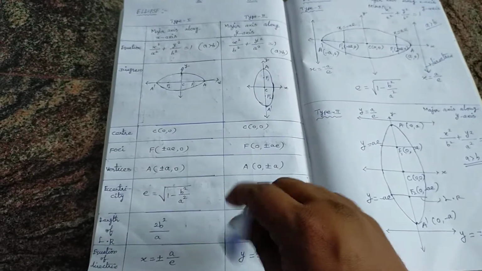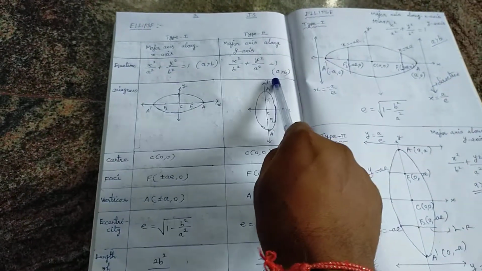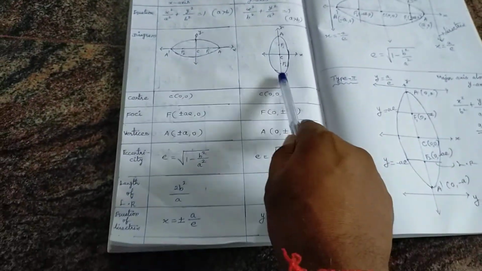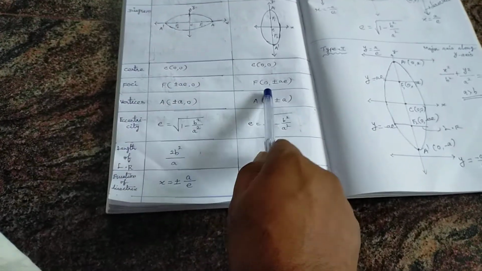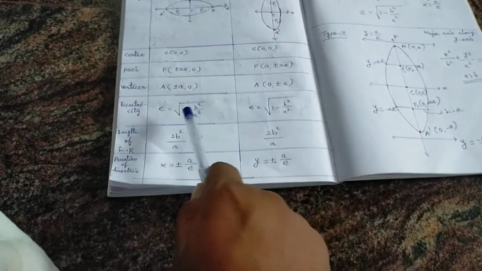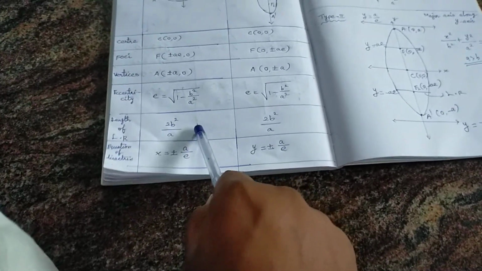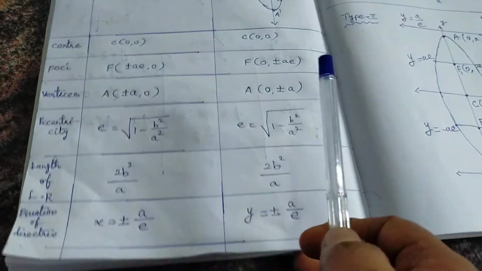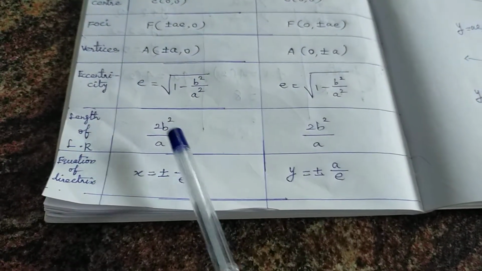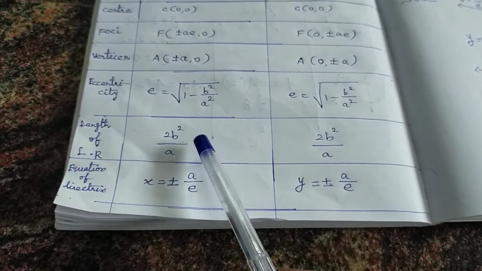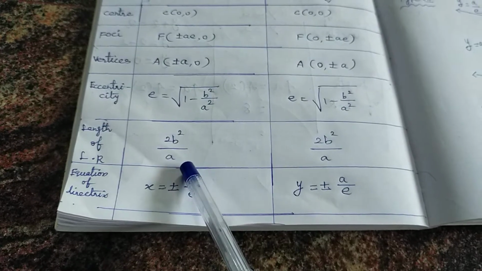Can you understand children? I write type 1, type 2, equation, diagram, center, foci, vertices, eccentricity formula, length of latus rectum. In parabola, the length of latus rectum is 4a, isn't it children? In ellipse, the length of latus rectum is 2b square by a.